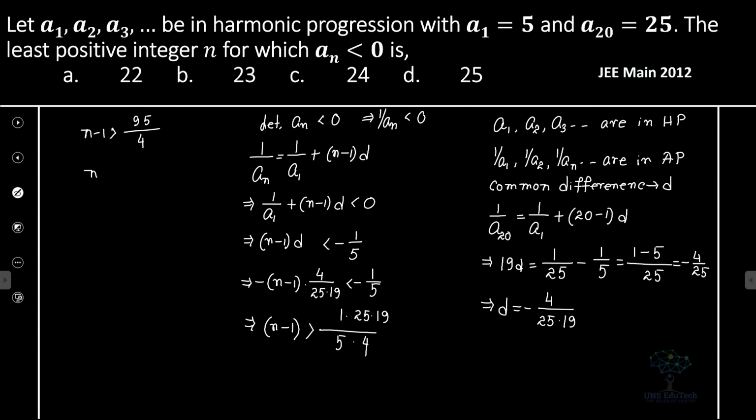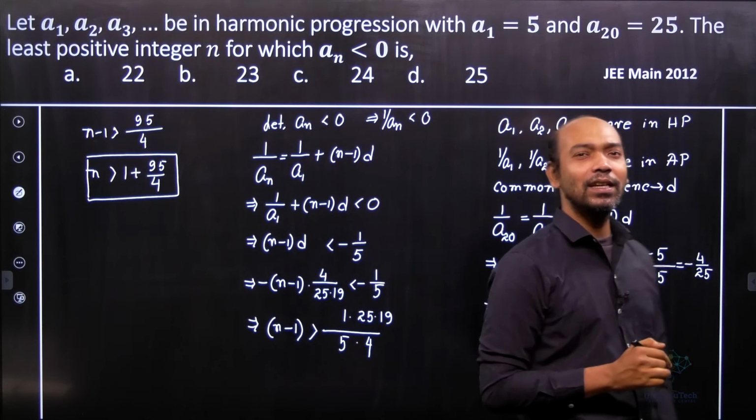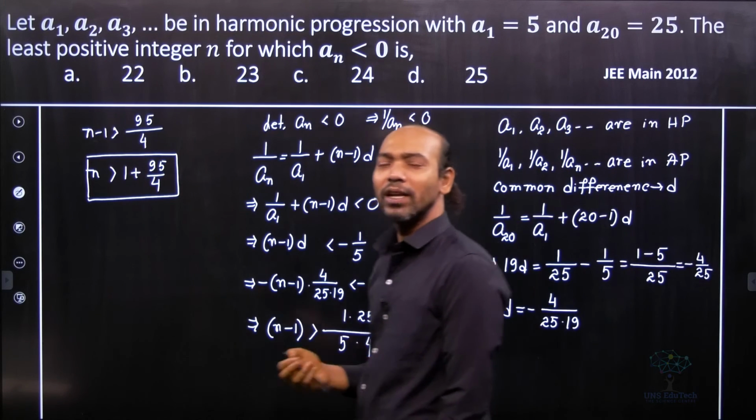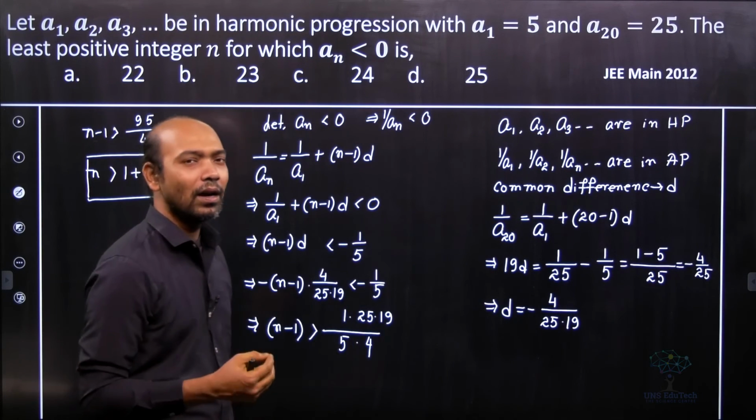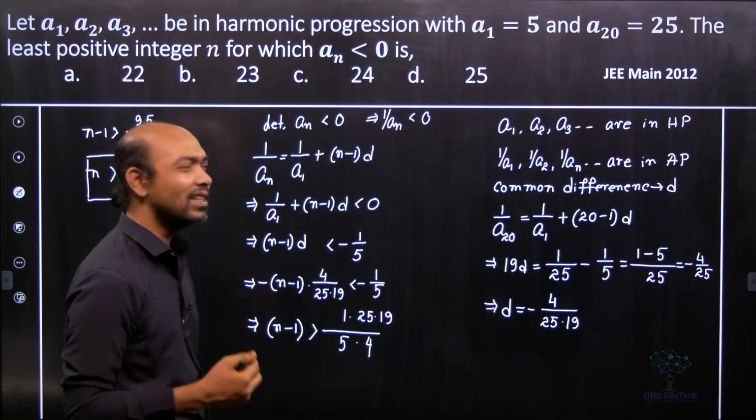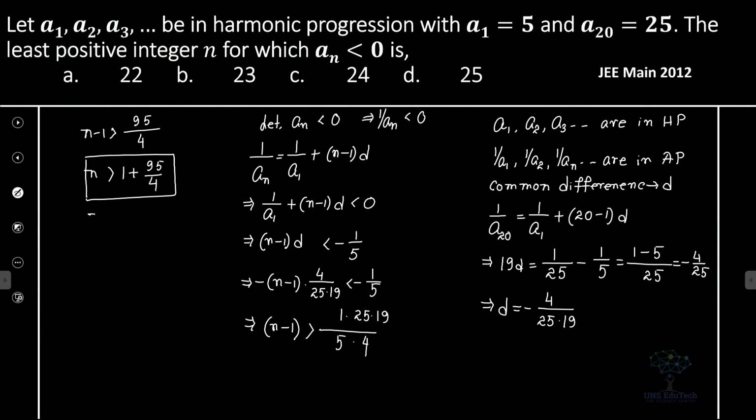So n is greater than 1 plus 95 by 4. Now, what is 95 by 4? I think it will be 23, because 23 into 4 is 92, something like that. So it's 23.75. So n is greater than 1 plus 23.75, which implies n is greater than 24.75.